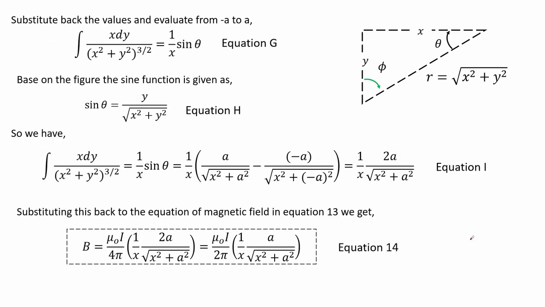Substituting back the values of sine theta, we get that it is equal to equation I, where it was evaluated from -a to +a, which is the length of the wire. Finally, we substitute this back into the magnetic field equation 13 and solve the expression for the magnetic field of a wire exerting a field at point P as shown in equation 14.